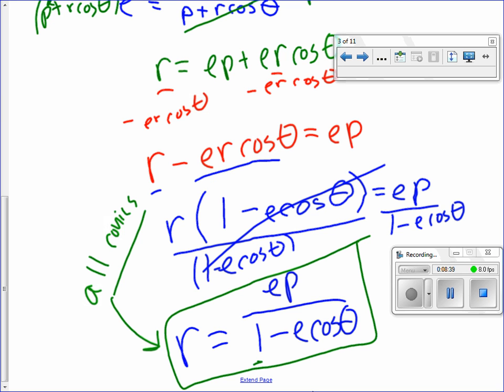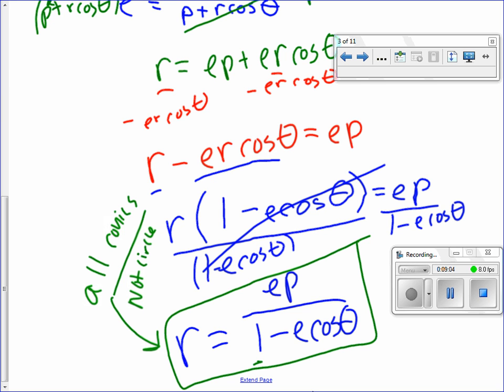The only conic it does not represent is a circle. Because remember, we've already learned the equations for circles. Circles are just R equals A cosine theta or A sine theta. We've already done circles. So it represents all the other conics besides a circle. So we can use this now to graph ellipses, parabolas, and hyperbolas, and we're going to do that next.